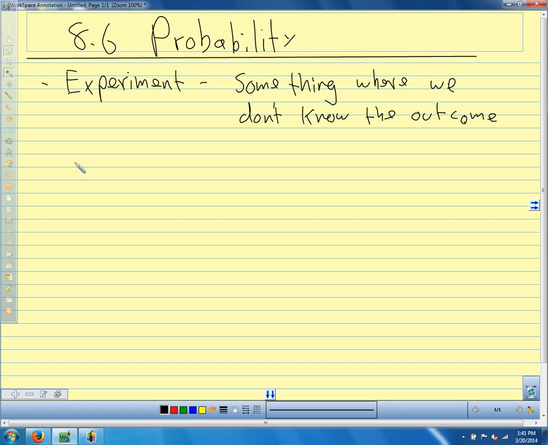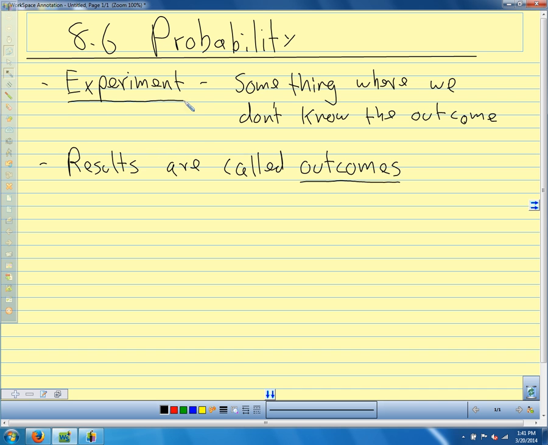The possible results of the experiment, the results are called outcomes. So we do an experiment, whatever happens, whatever comes out of the experiment is our outcome.